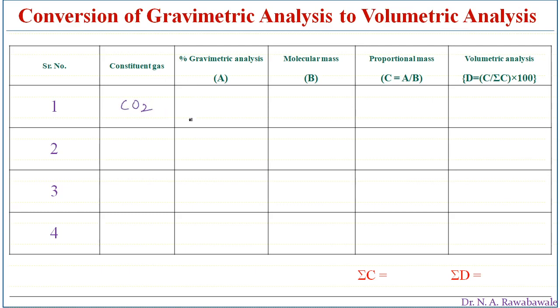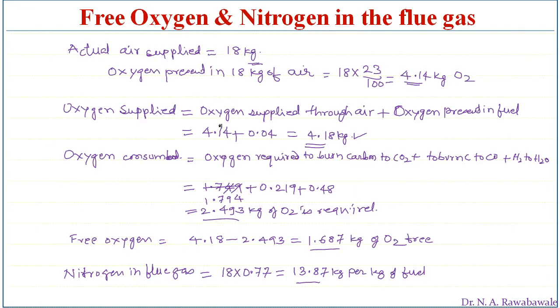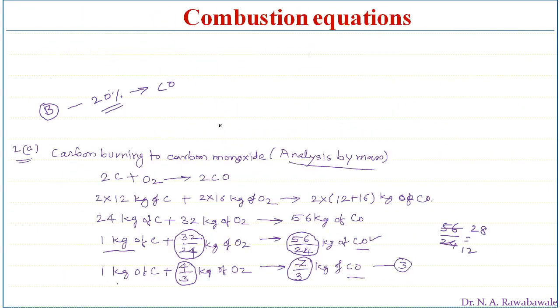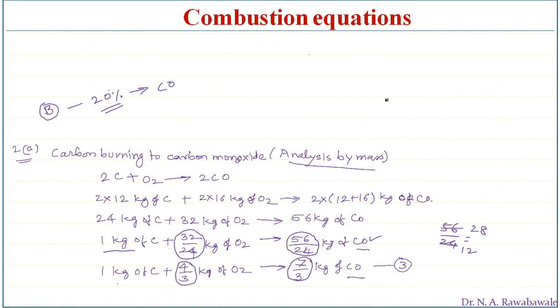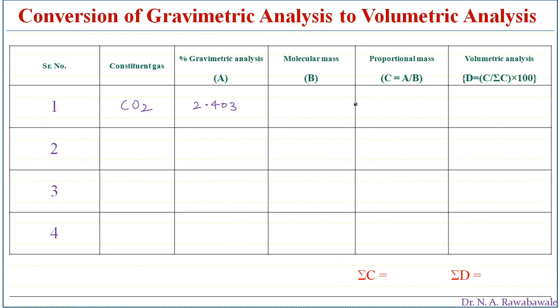The carbon dioxide produced by the combustion of carbon is 2.403 kg per kg of fuel burned on a mass basis, which we have obtained. The molecular mass of carbon dioxide is 44.